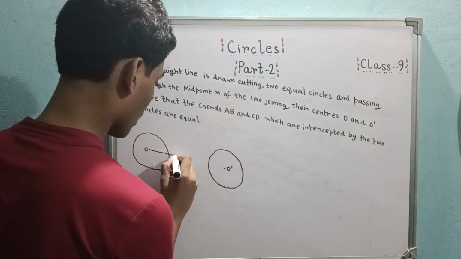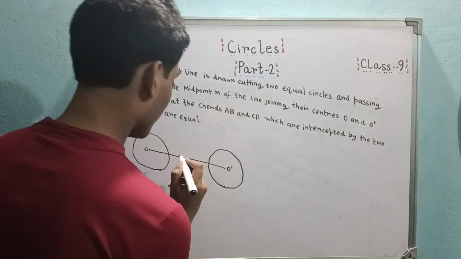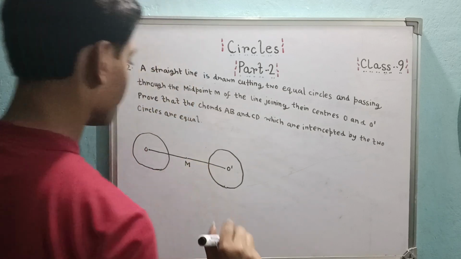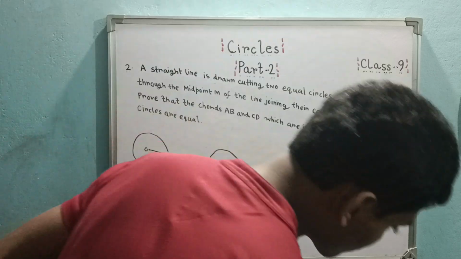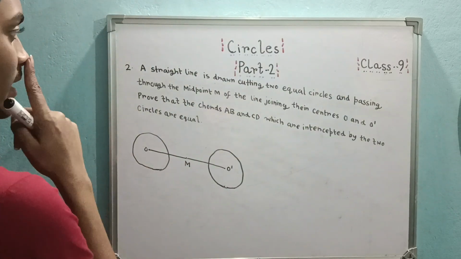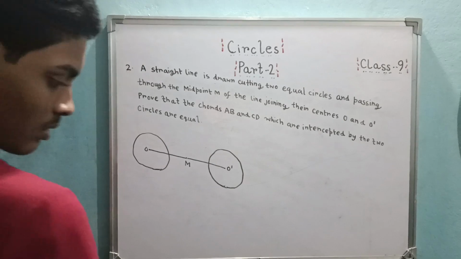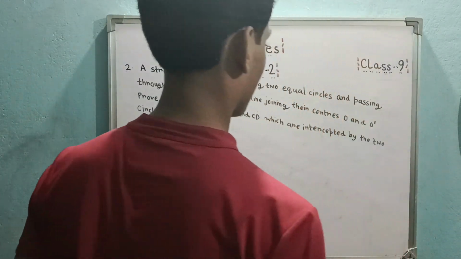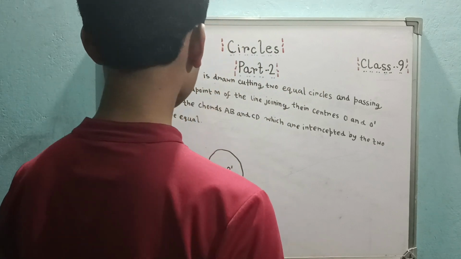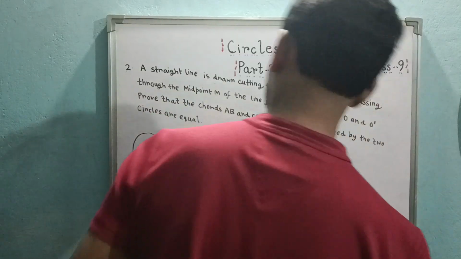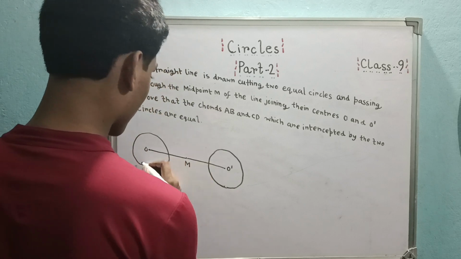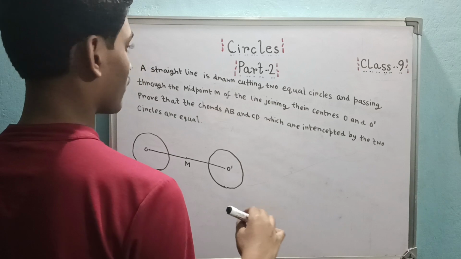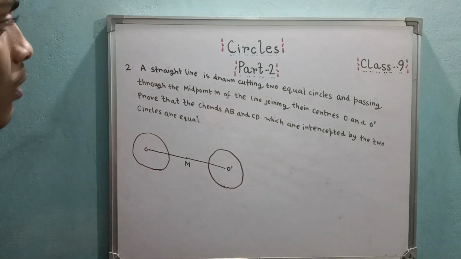So these centers are joined by a line, and this one's midpoint is M. And a straight line is intercepting the circles and passing through the midpoint M also.